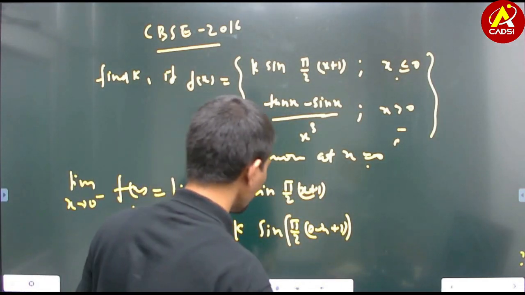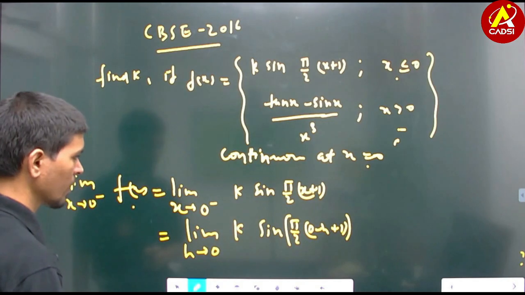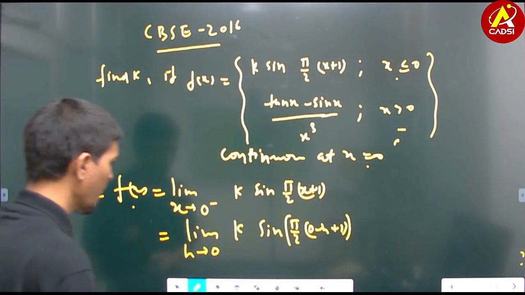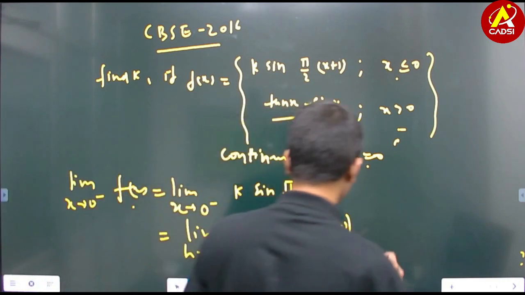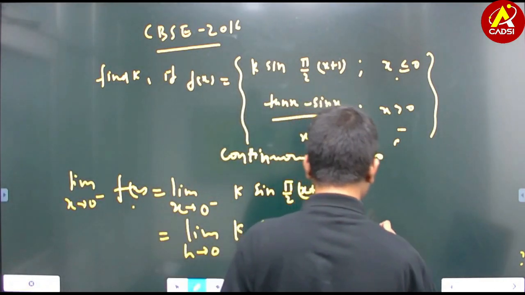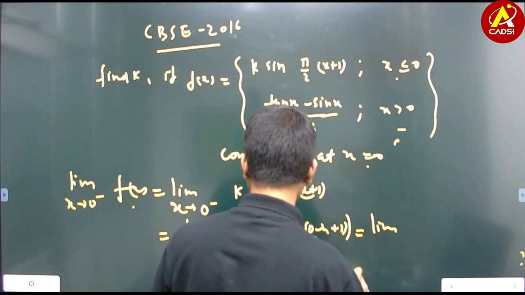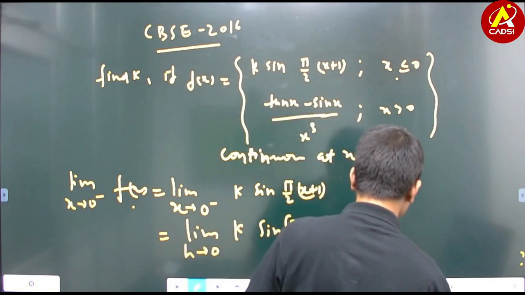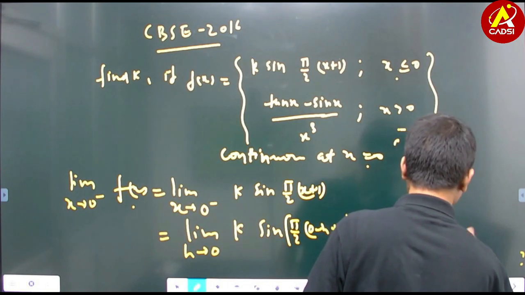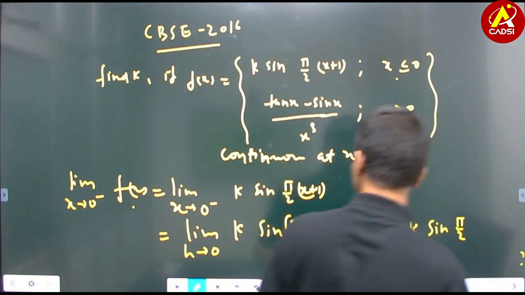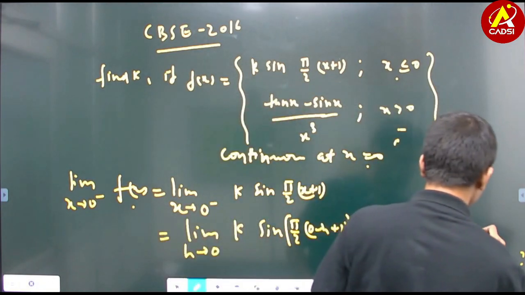Then we can write limit h tending to 0 of k sin of pi upon 2 into 1 minus h.